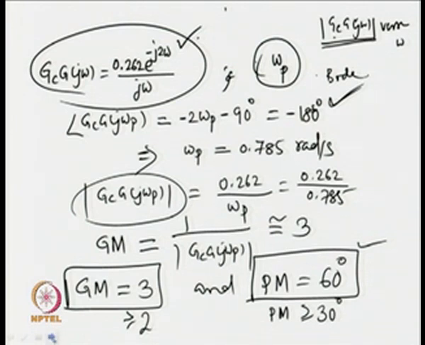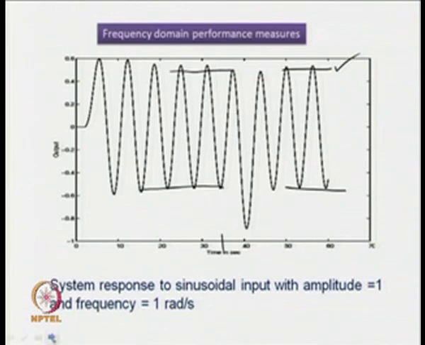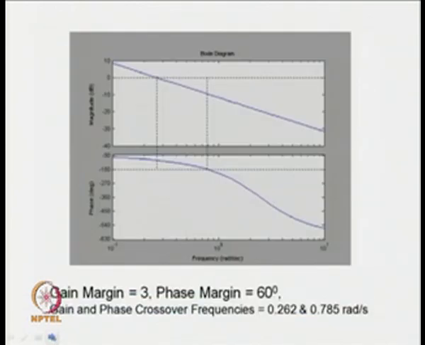Let us see what sort of Bode magnitude plot our series feedback system gives us. This is the Bode magnitude plot we obtain. So, this Bode magnitude plot is obtained from the plot of 10 log of the magnitude of G C G j omega versus omega.